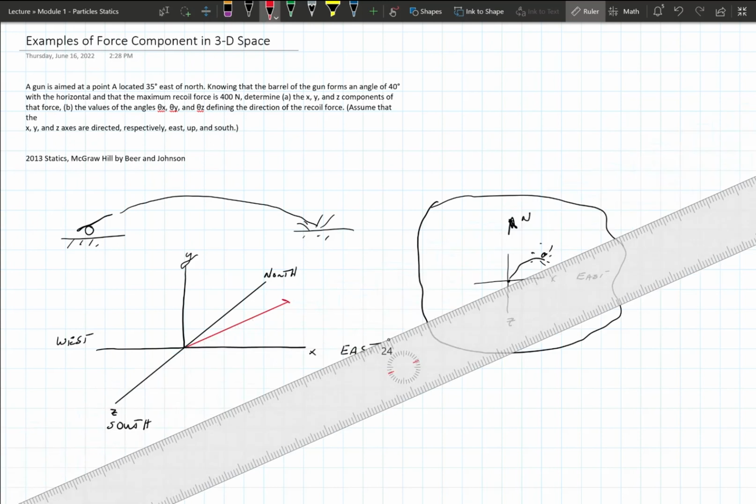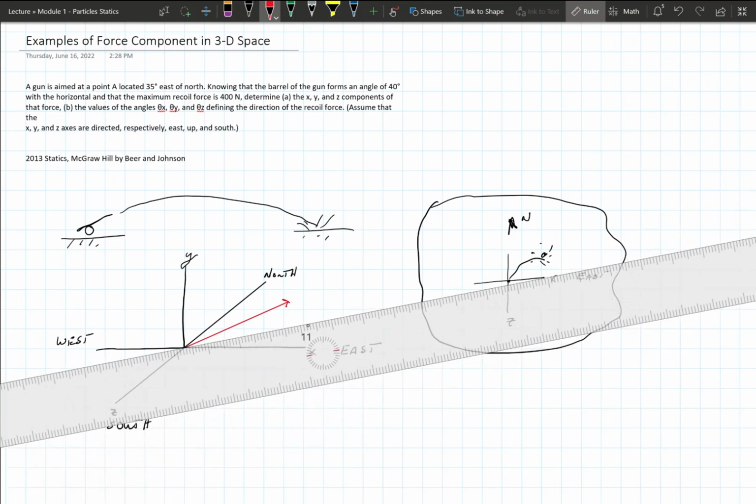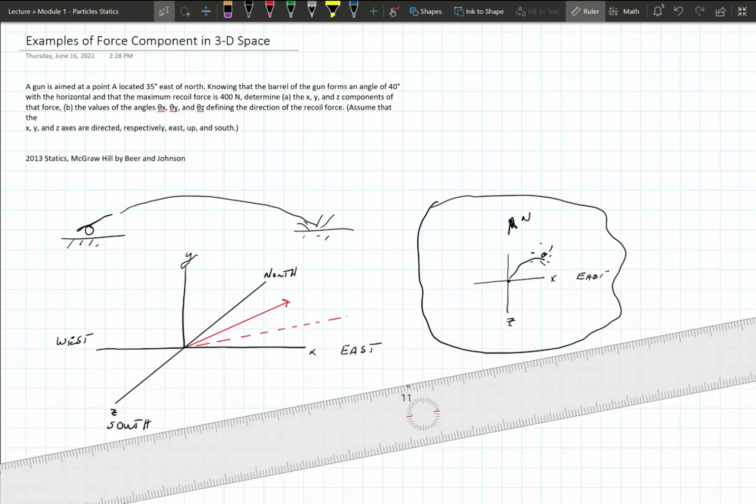And this is 35 degrees off the x negative z plane.